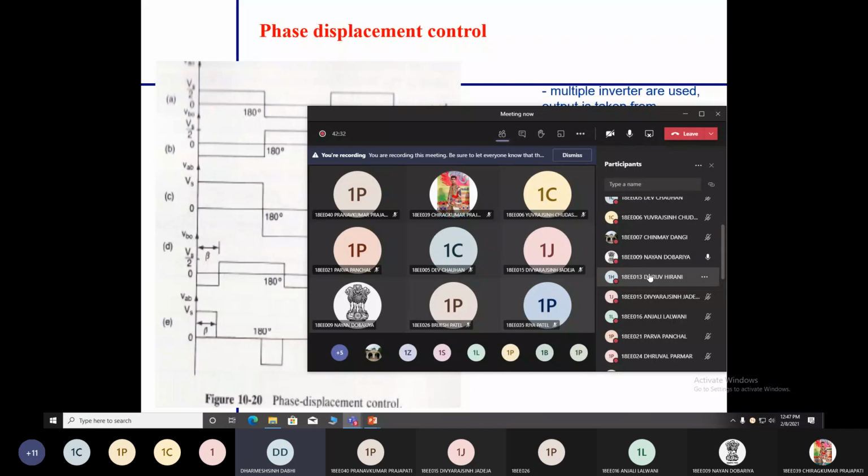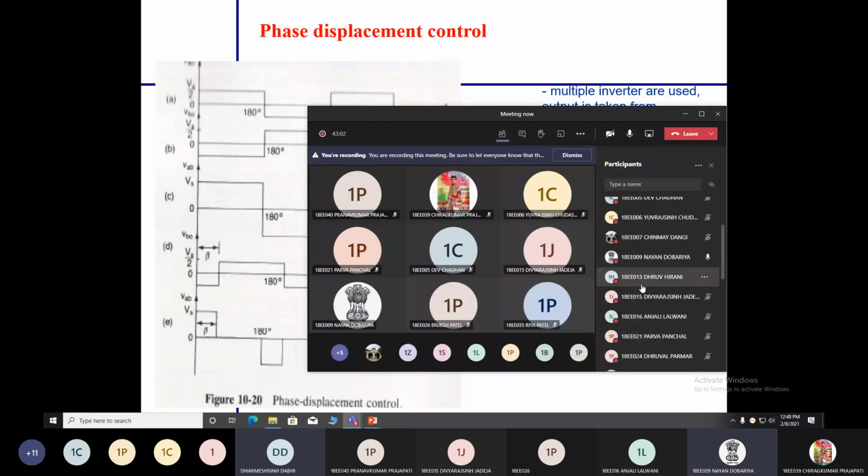Very simple question. We studied 5 techniques: single pulse, multiple pulse, sinusoidal pulse width modulation, in that we studied 2 techniques, bipolar and unipolar, then modified SPWM, and then this phase displacement control. Out of all these 5 methods, in which method are the lower order harmonics less? 9 number, read all these 5 PWM techniques. I will ask the question from this again in the next lecture.